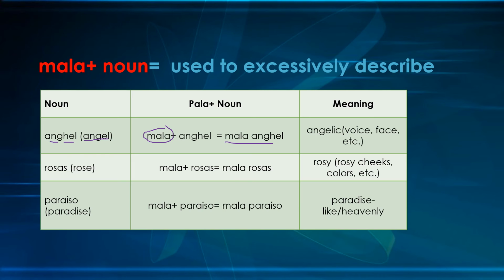And the way we write it is like this. We put some spacing from the affix to the root word, the noun. Malaanghel. It's a new word for angelic. We can use this to describe a voice or a face. Malaanghel na boses.